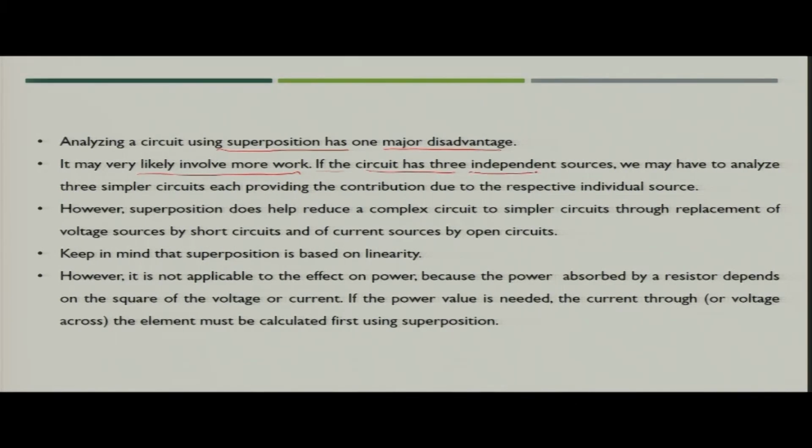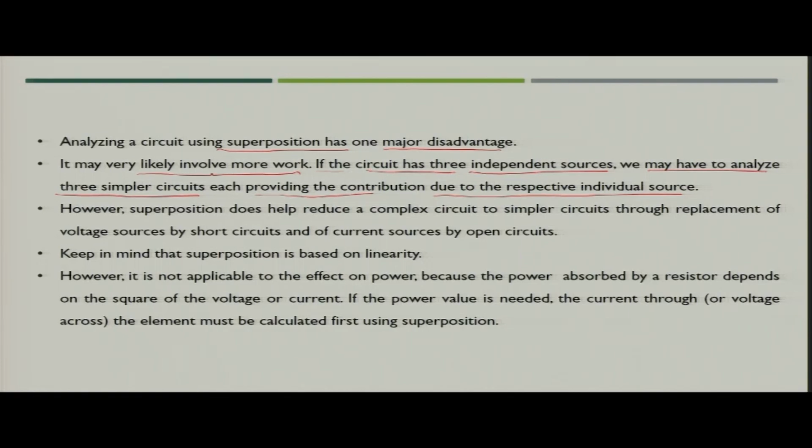Suppose there are 3 independent sources, that means you have to analyze 3 circuits, and after that you have to combine them to get the final output. So, the same circuit has to be analyzed 3 times, by making it simpler.